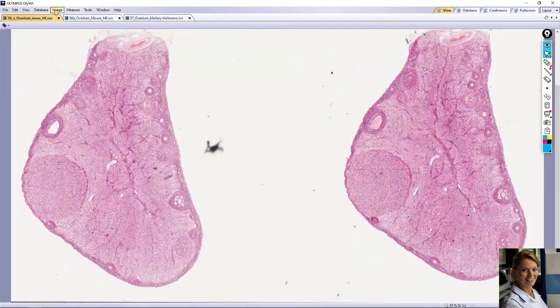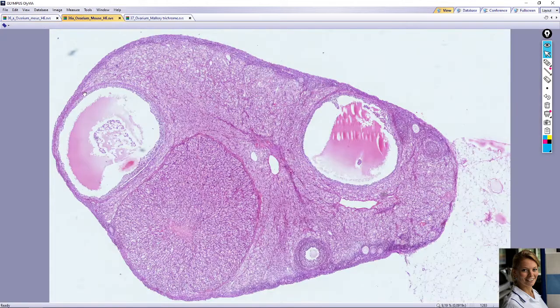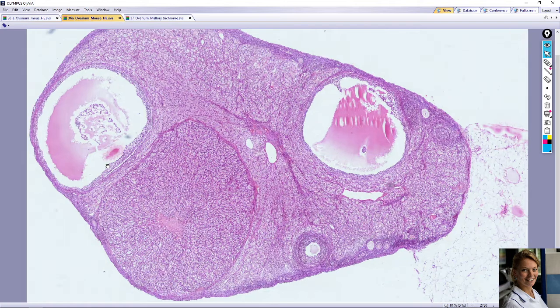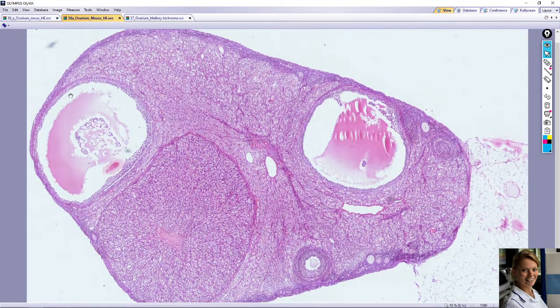Mature follicles contain one antrum. It's one big cavity which is lined by granulosa cells, and the primary oocyte is located at the periphery of the antrum.